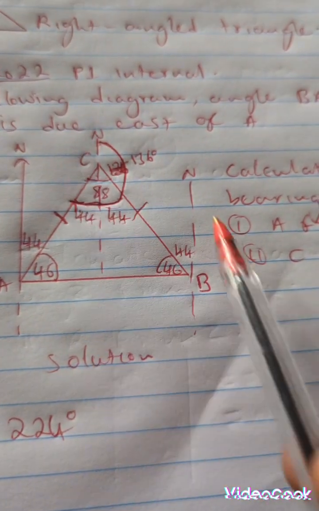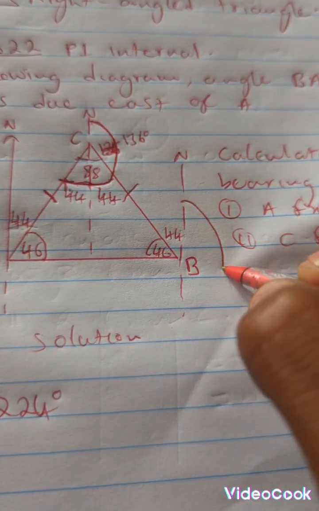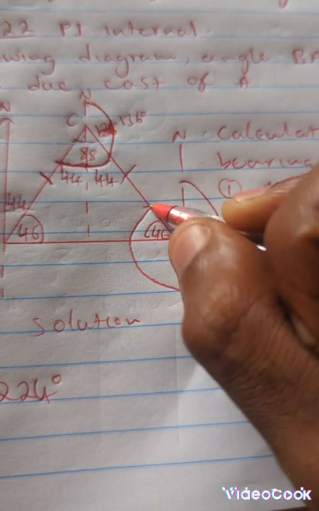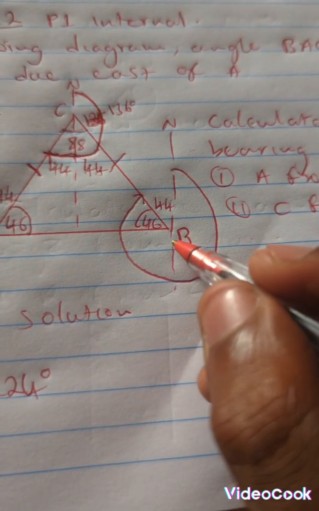We go to the second one, C from B. C, you are coming from B, a clockwise direction from the north. So if you have not seen the first lesson, please go back to the first lesson. That's when you are going to understand this one.